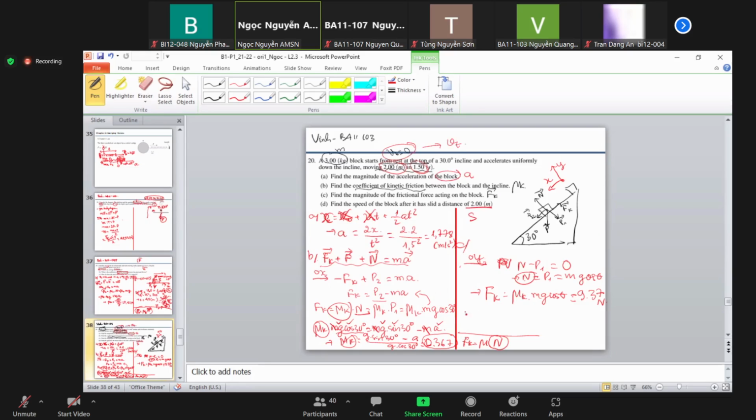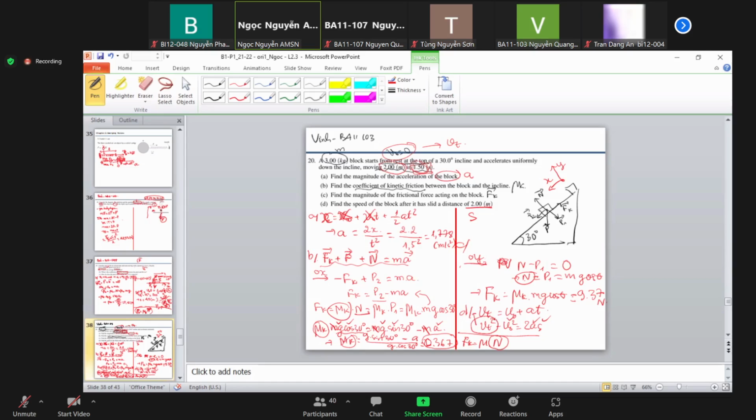In the d part, vt will be equal to v0 plus at, because you know t, the time it takes to slide a distance of 2 meters. Or you can use another way: vt squared minus v0 squared equal to 2as. You know s, you know a, you know the initial velocity, so you can know the speed after it slides a distance of 2 meters.